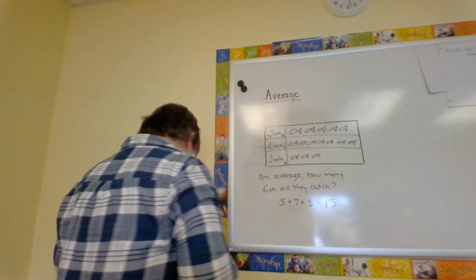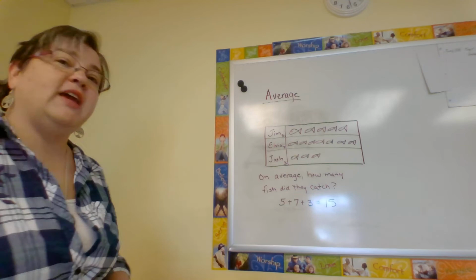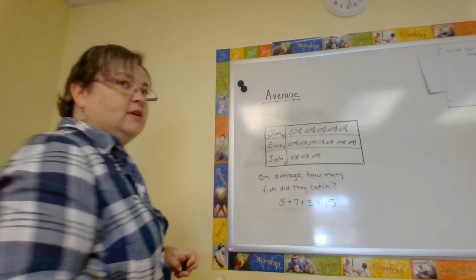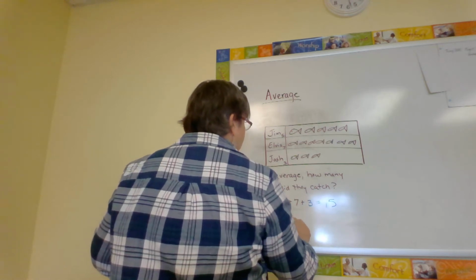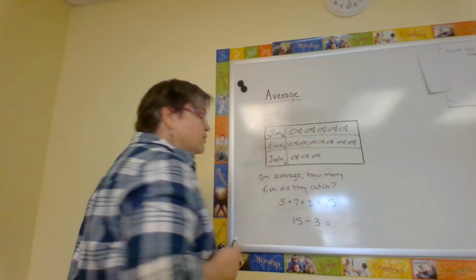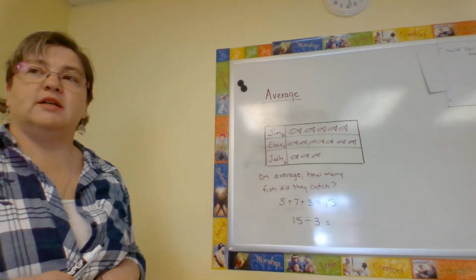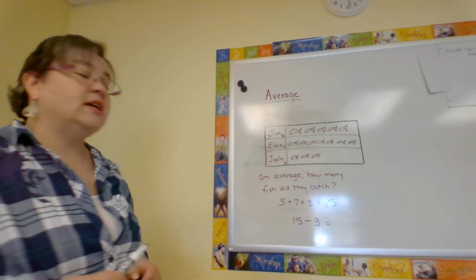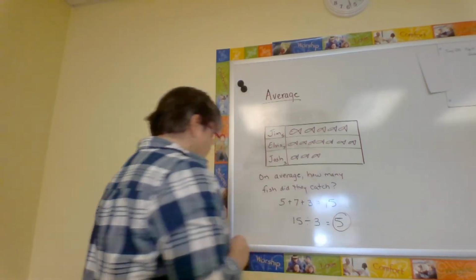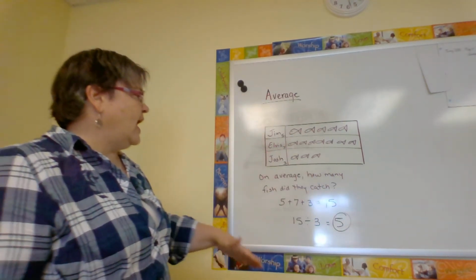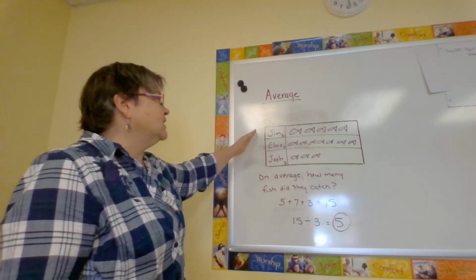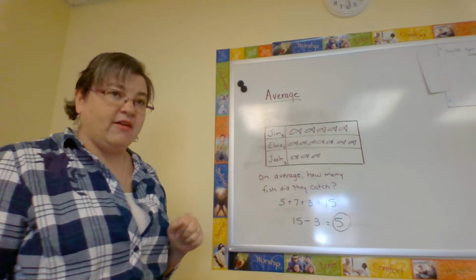If I want to find the average, I have to divide by how many boys I have. I have 3 boys. What is 3 into 15? 5. So on average, the boys caught 5 fish apiece. That is not the literal count, that is the average.